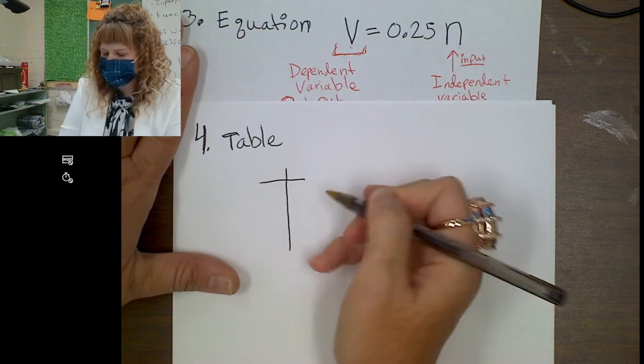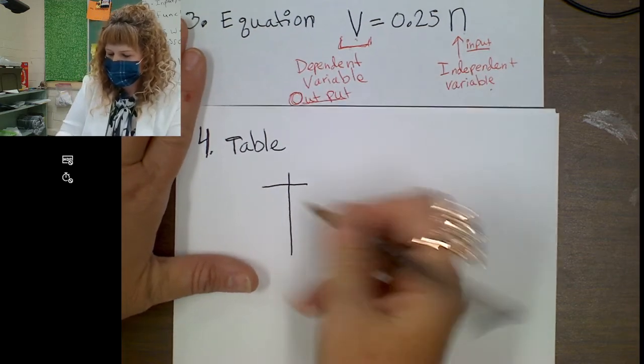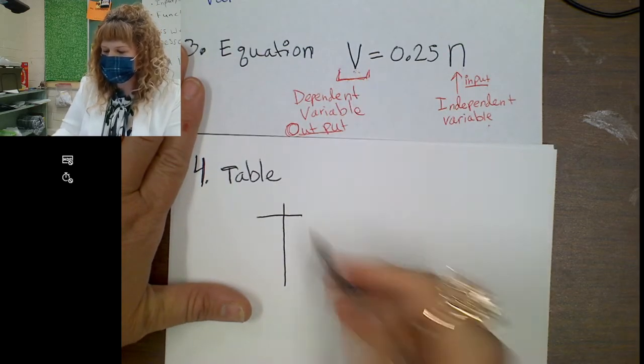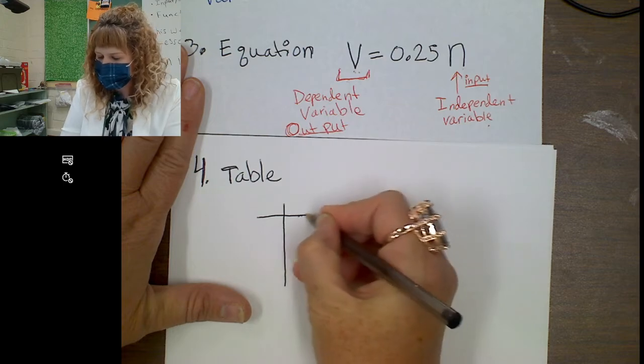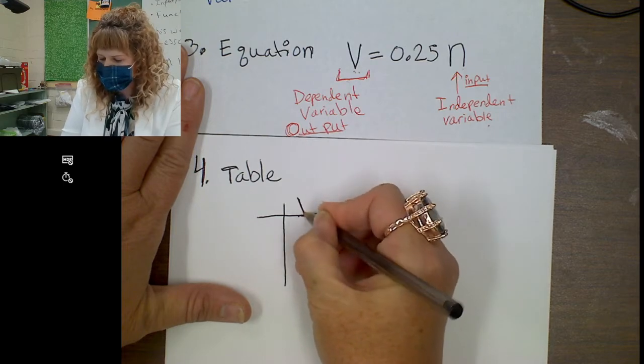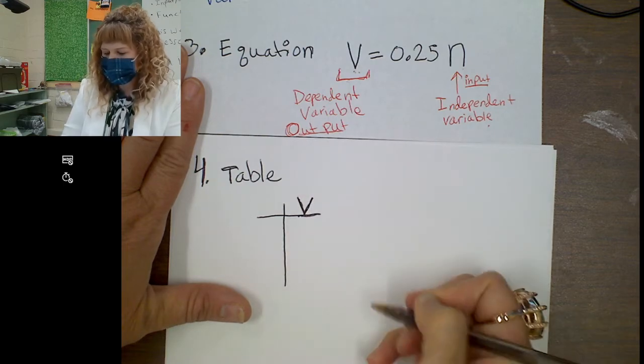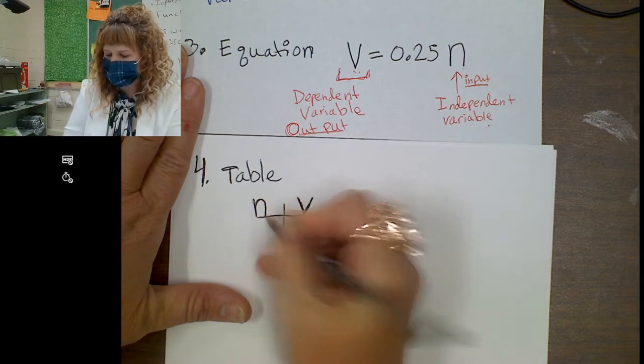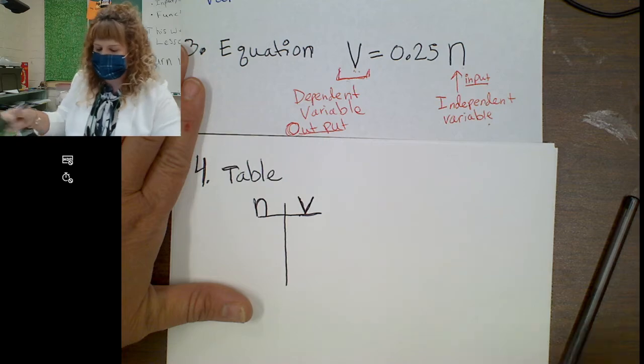I'm going to show this one more time. With this same example, V is the dependent variable. We're going to put that on the right side of the table. N is the independent variable. We're going to put that on the left side of the table. I said equation, I meant table.